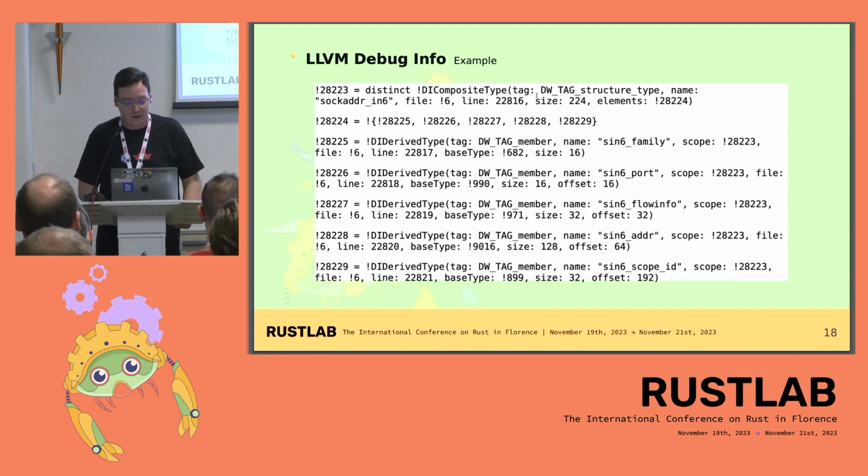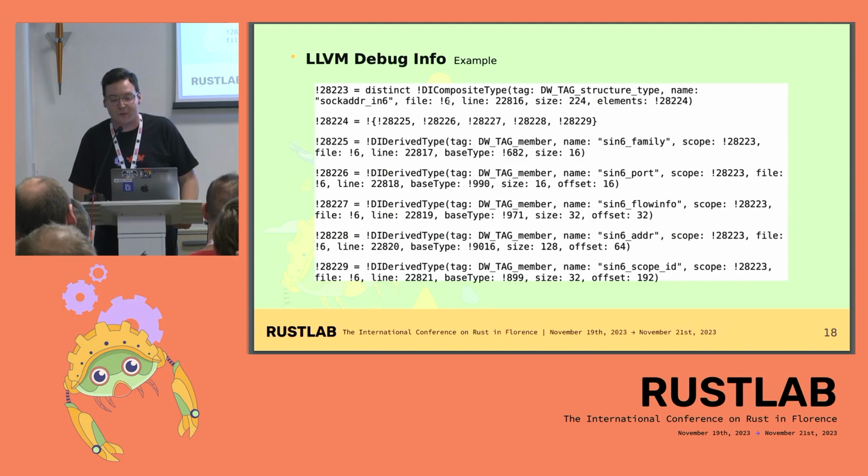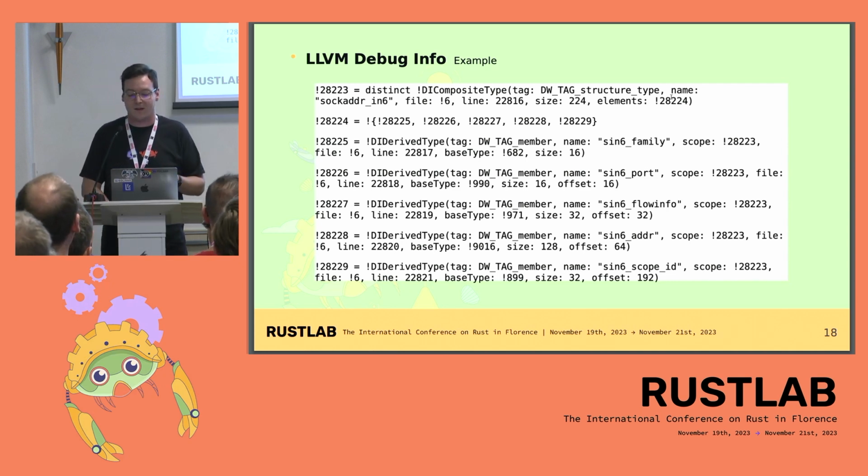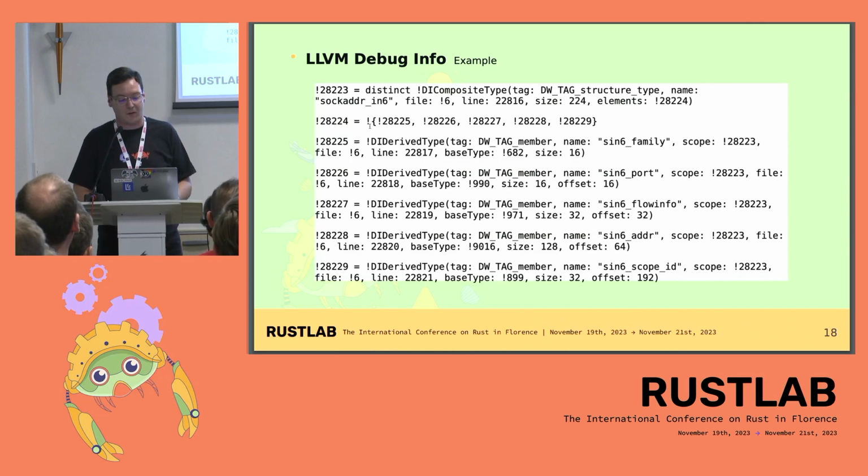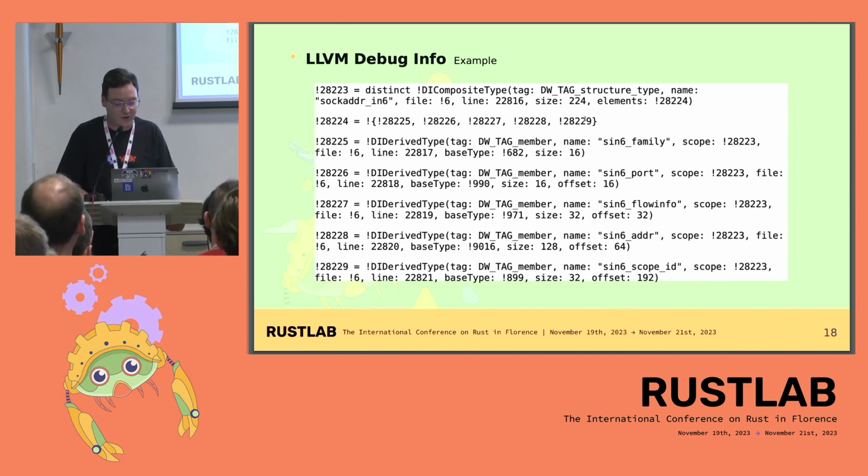So you can see that you have a structure type, you have the name of it, there is a reference to a file, and if you dig into IR, there will be information about which file it was, which line, and then there is a pointer to elements, and in the second line you have a list of operands, which are elements of the structure.